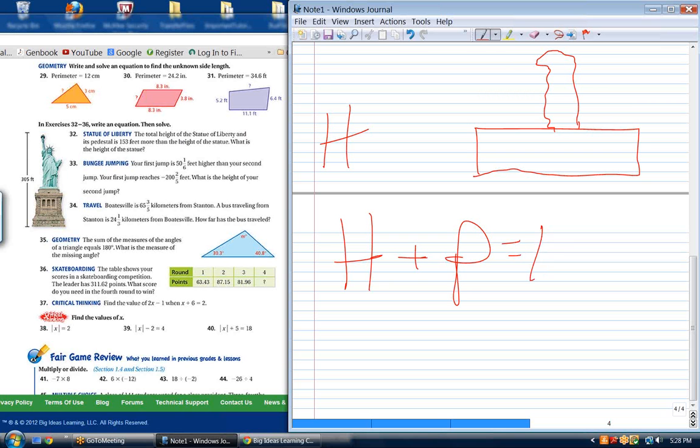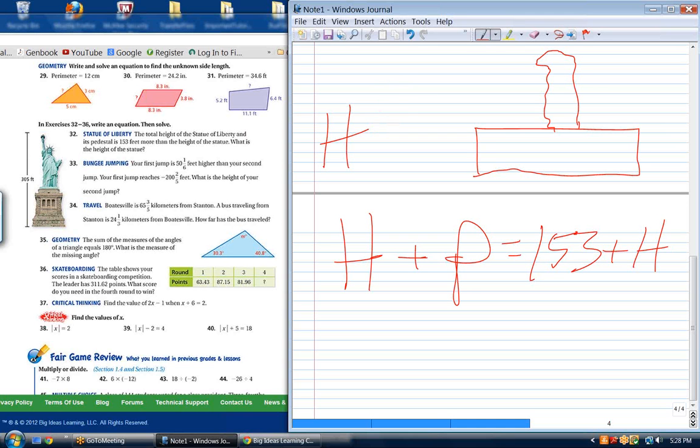So what is that? 153 plus h. Really? No, I'm missing something here. Wouldn't it be 153 minus h? Yeah. Hold on. The total height of the Statue of Liberty and its pedestal.